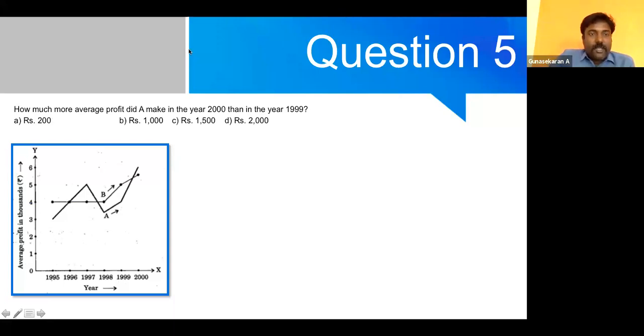Question number 5. How much more average profit did A make in the year 2000 than in the year 1999? Around 2000 or 1500? 2000 will come.